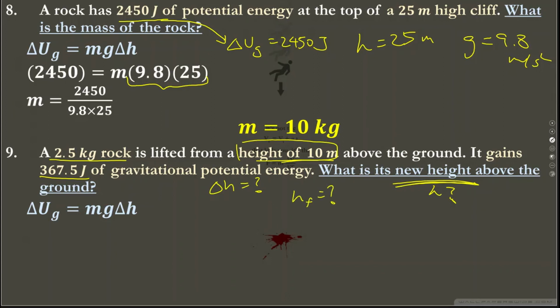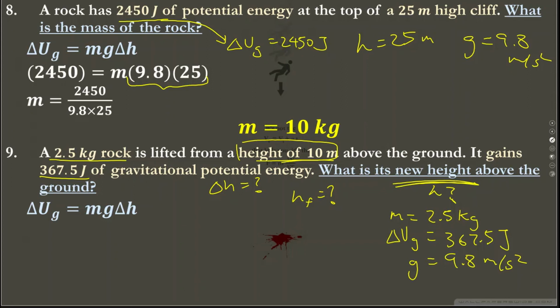Okay, the mass is 2.5 kilograms. The change in gravitational potential energy is 367.5 joules. G is 9.8 meters per second squared. Let's have a look at the numbers.